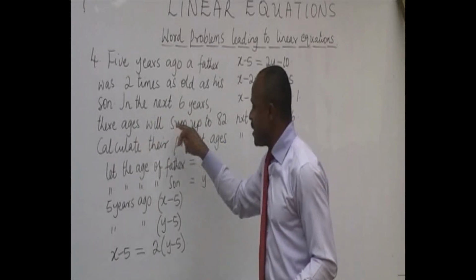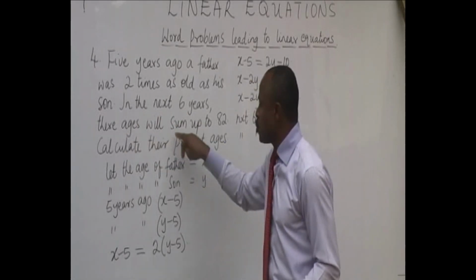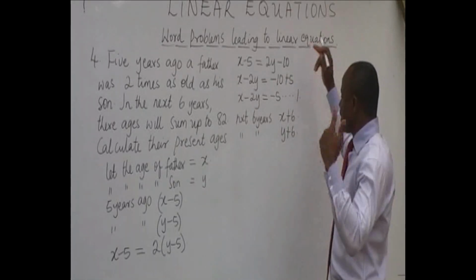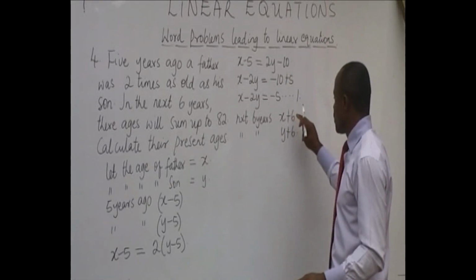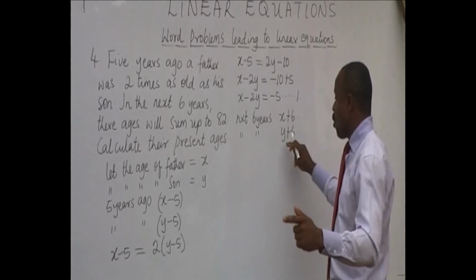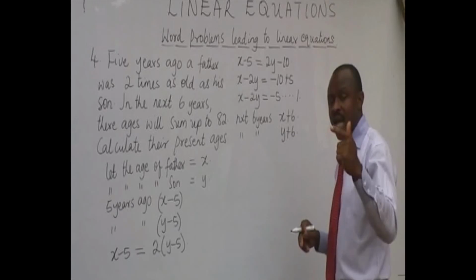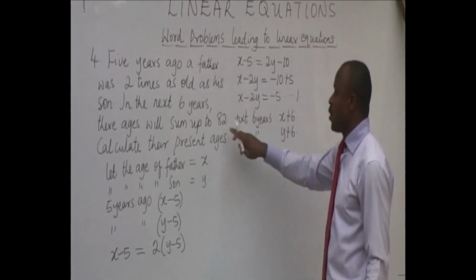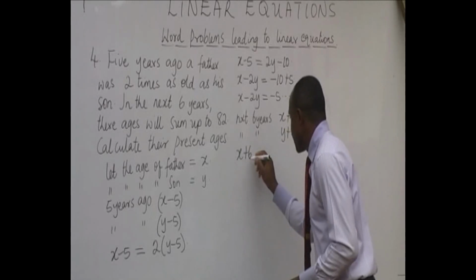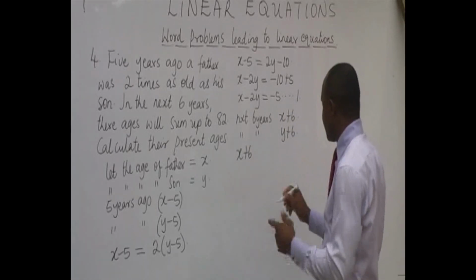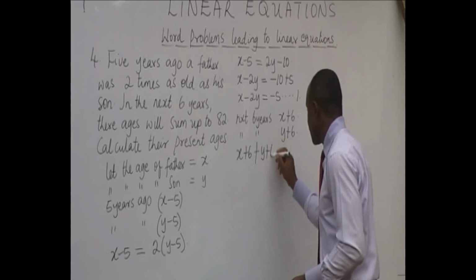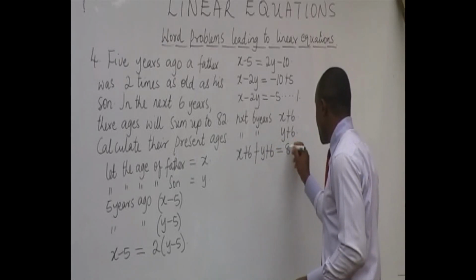In the next 6 years, their ages will sum up to 82 years. That means in that next 6 years, X plus 6, the age of the father, plus Y plus 6, the age of the son, is going to be equal to 82.